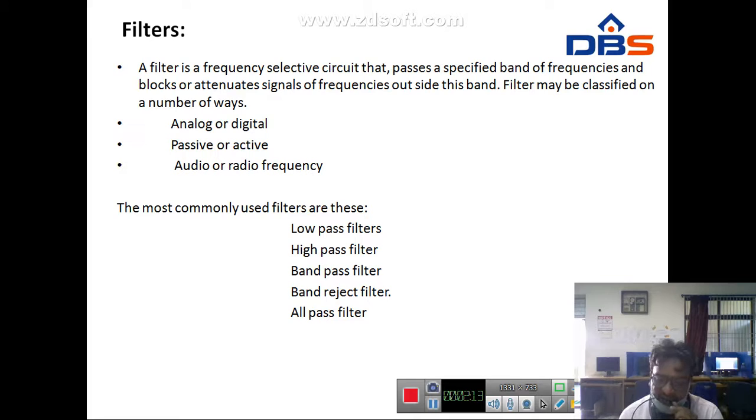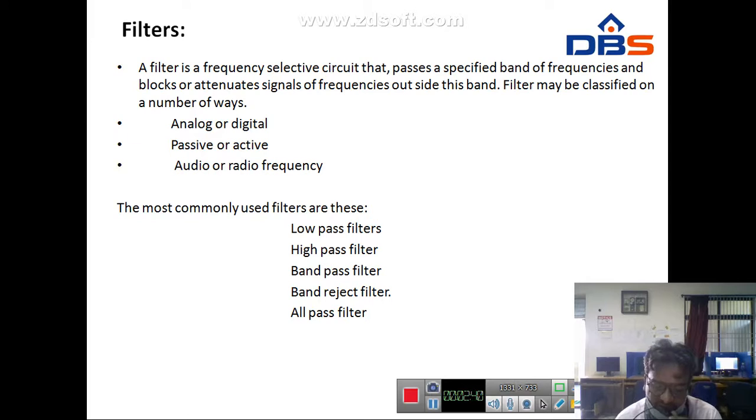The elements used in passive filters are resistors, capacitors, and inductors. Active filters, on the other hand, employ transistors or op amps in addition to resistors and capacitors. The type of element used dictates the operating frequency range of the filter.